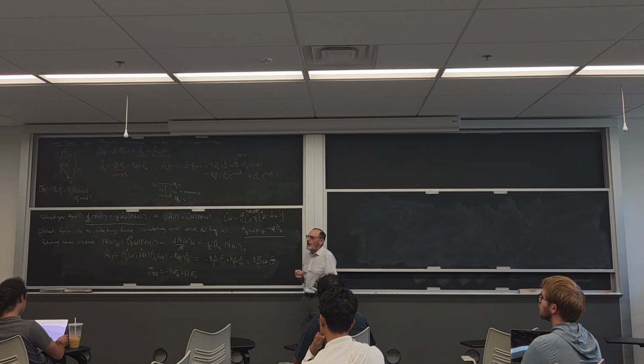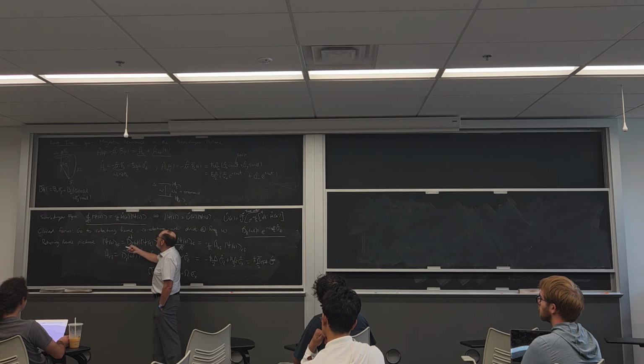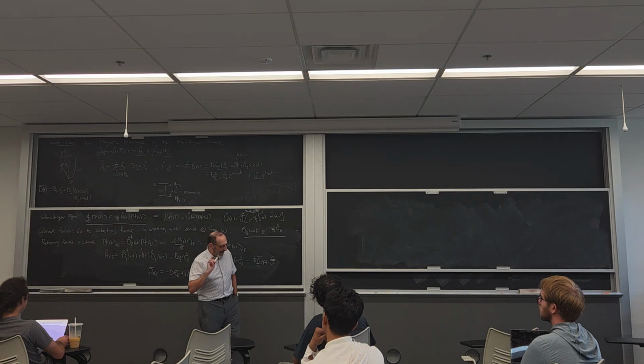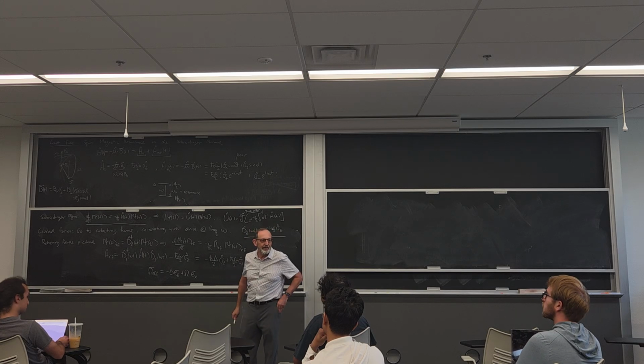The rotating frame picture is related to the Schrodinger picture by the dagger, because that's a passive rotation. We're changing the basis as opposed to moving the vector.